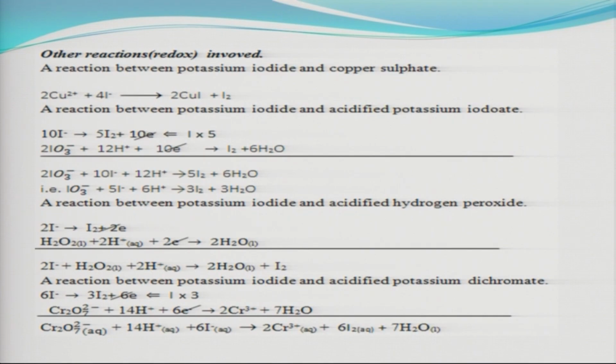Then here we also have potassium iodide with acidified potassium iodate. The equation has been balanced. It also involves oxidation and reduction. Then we have the reaction between potassium iodide and acidified potassium dichromate.